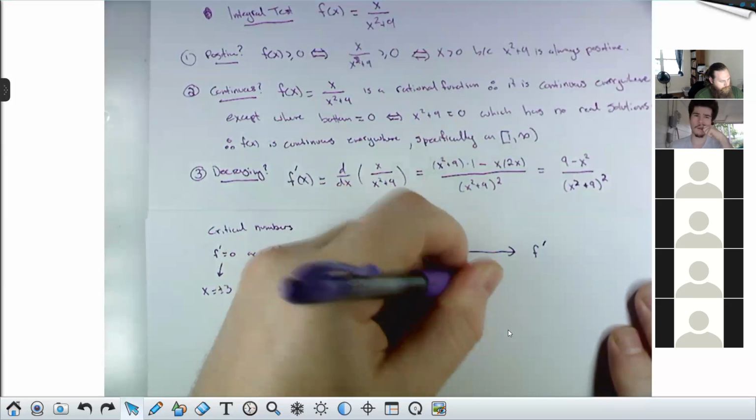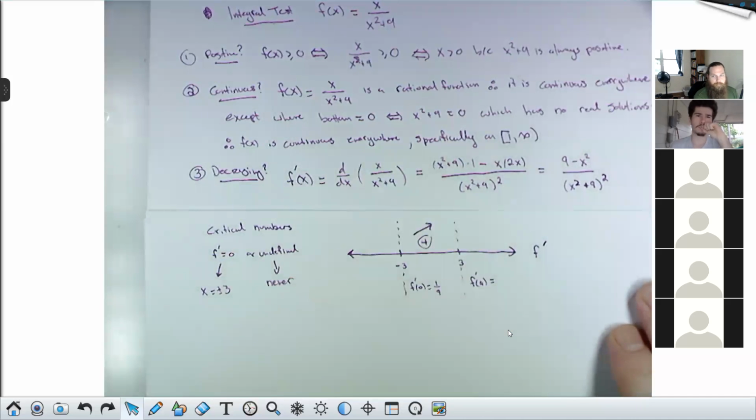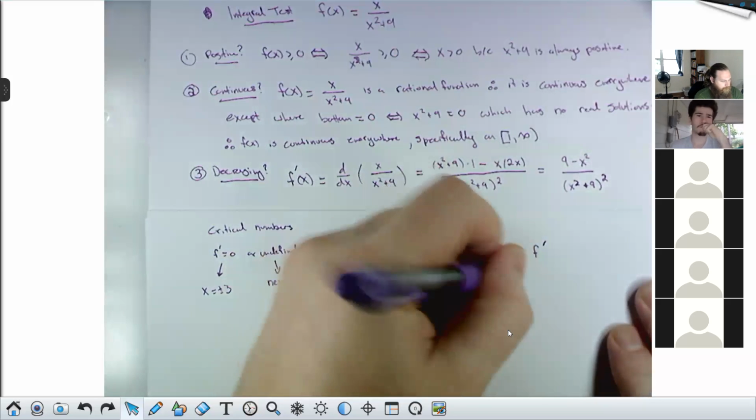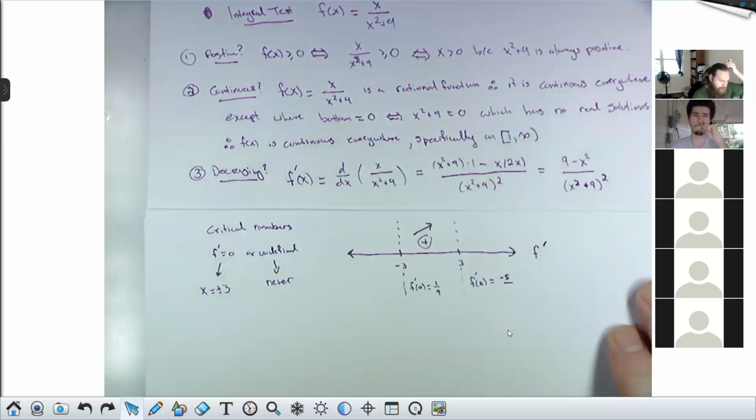f prime of 4, over here to the right of 3, I test a point, is 9 minus 16, which is -5, divided by 16 plus 9 all squared. I don't know if I know what that is.